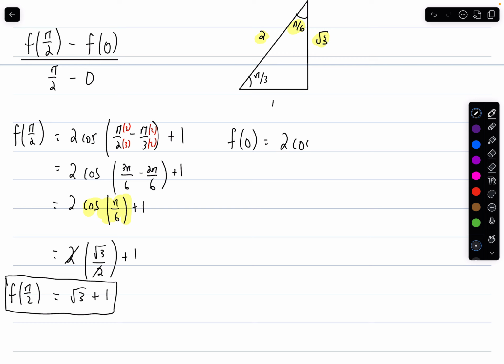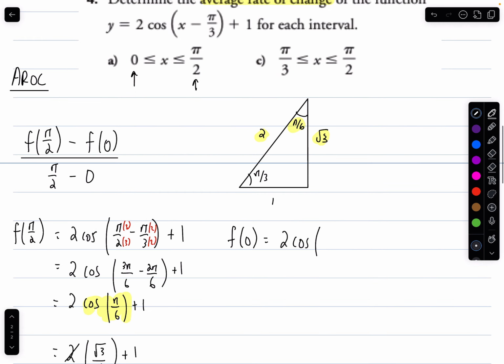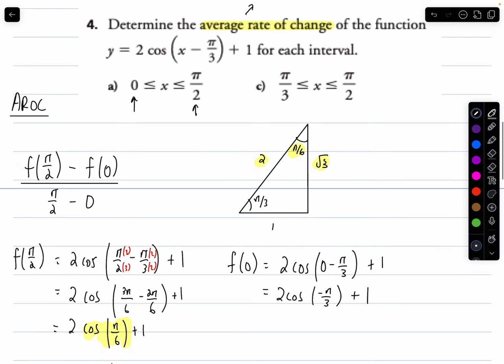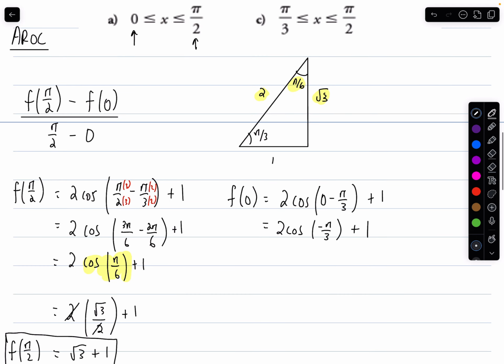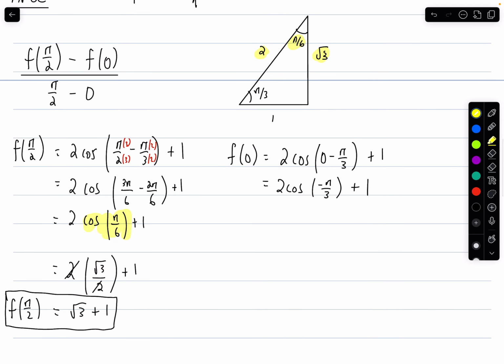It's going to be 2 cos 0 minus pi over 3 plus 1, which is 2 cos negative pi over 3 plus 1. Cool. Now we got to find out what is cos negative pi over 3.